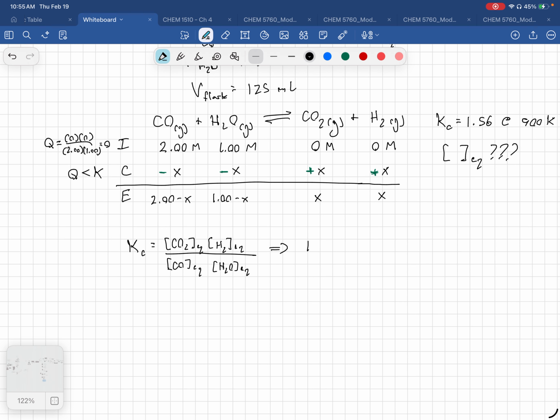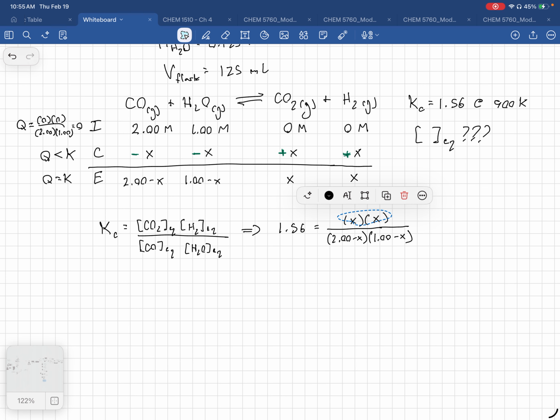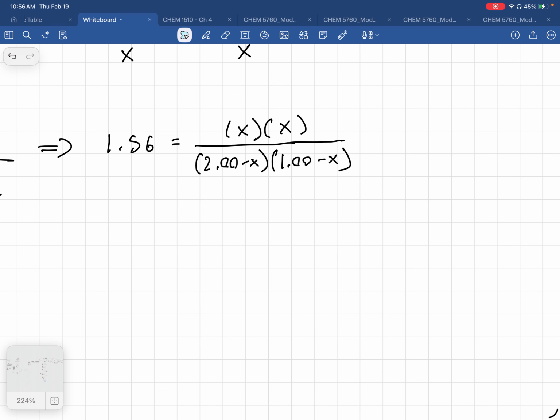So that ends up being 1.56 equals, and we weren't given any information about any concentrations at equilibrium when Q equals K. So we're just going to plug our equilibrium concentrations in terms of X into our K expression. And so we end up with the following scenario. How do we solve for X here?